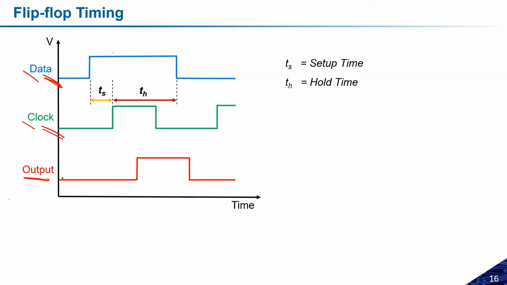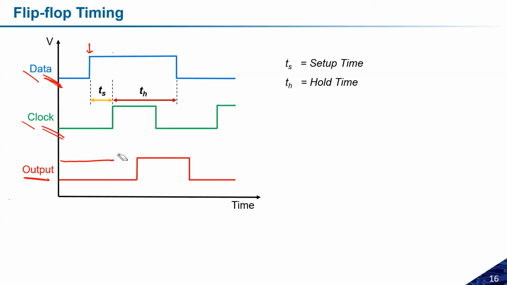Ideally the output should reflect immediately after the clock is activated, but whatever logic circuit we have used has some internal delays, some propagation delay. So the output will not be reflected immediately. It will take some time to get reflected.